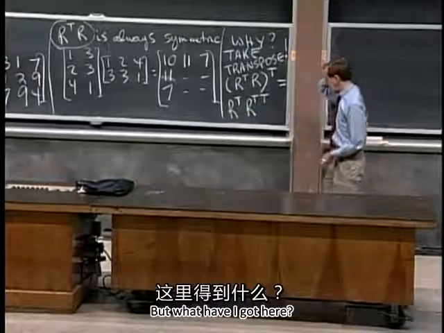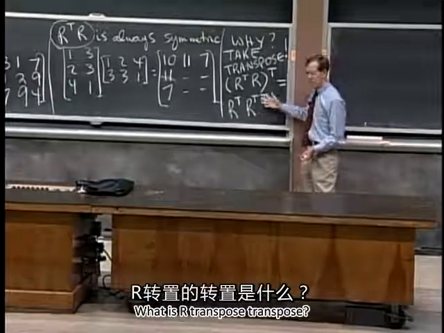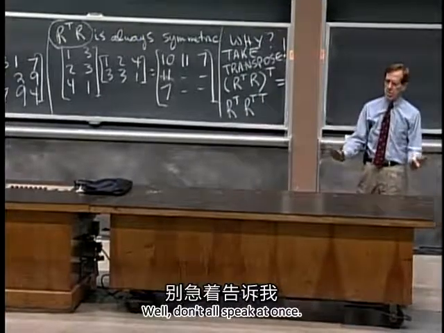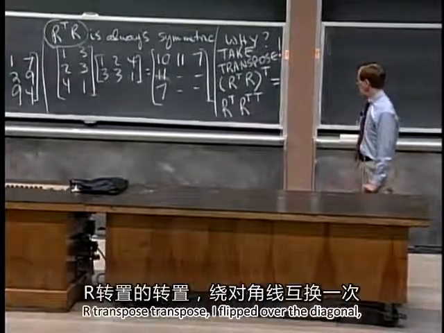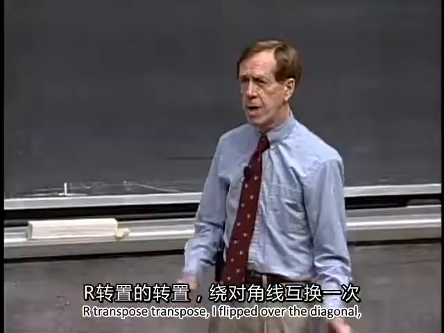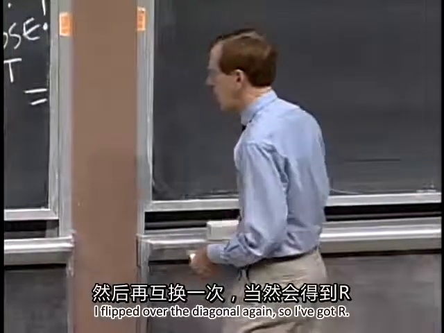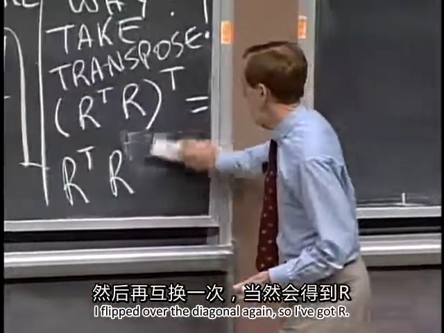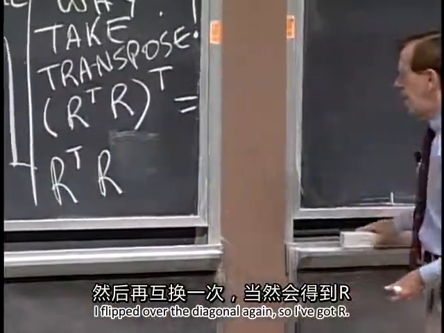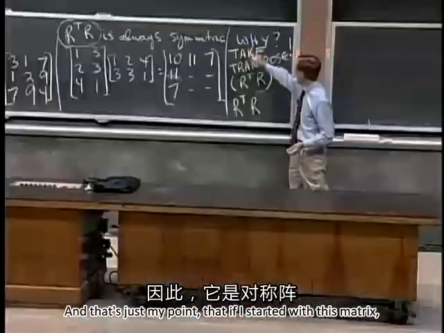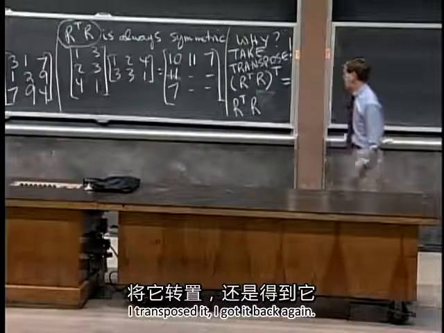So I put the matrices in the opposite order, and I transpose them. But what have I got here? What is R transpose transpose? Well, don't all speak at once. R transpose transpose. I've flipped over the diagonal, I flipped over the diagonal again, so I've got R. And that's just my point. If I started with this matrix, I transposed it, I got it back again.